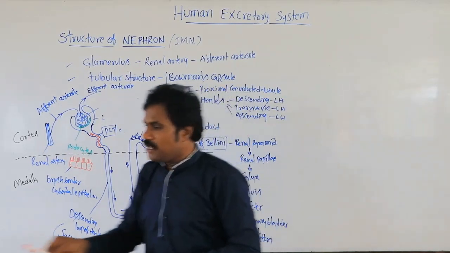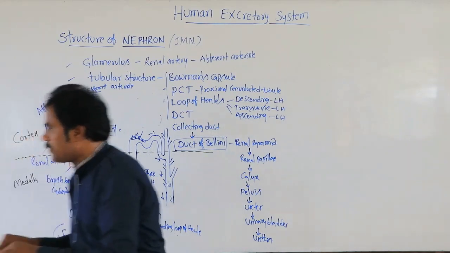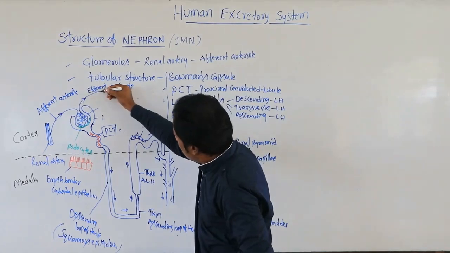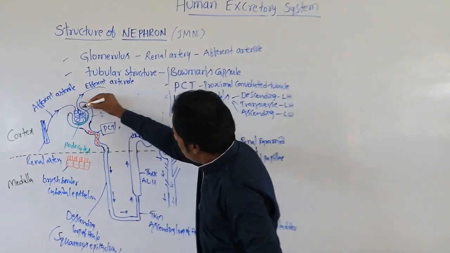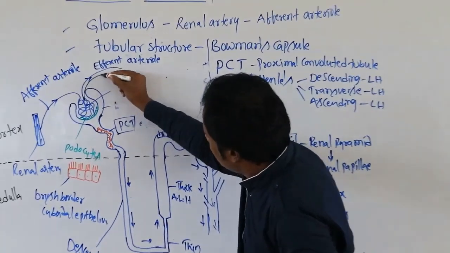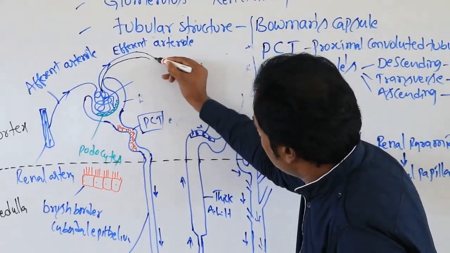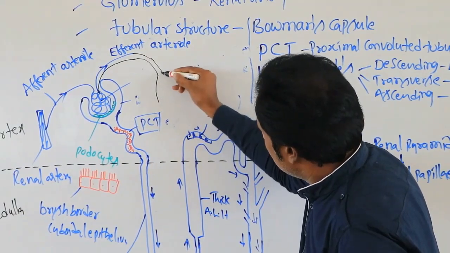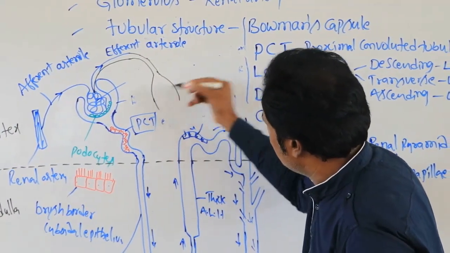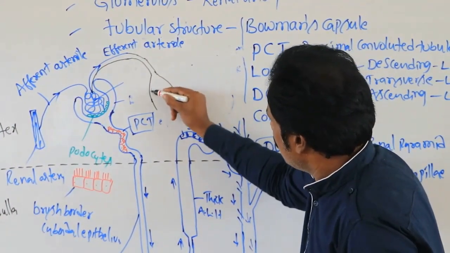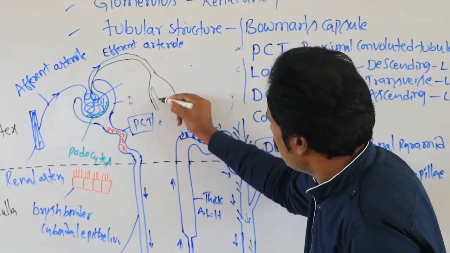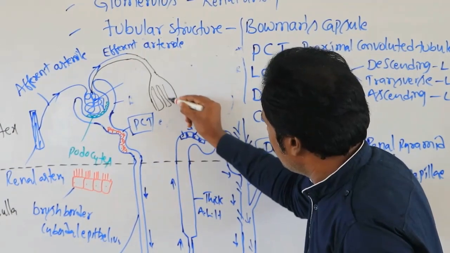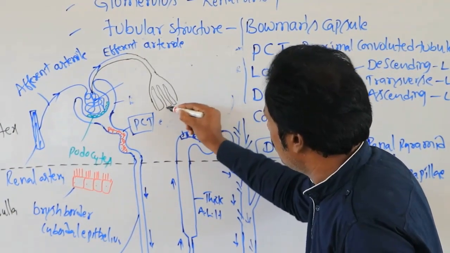The peritubular capillary network will be present all along here. Actually it is a double line. Here, the nearest part of this, the peritubular capillary network will be formed.